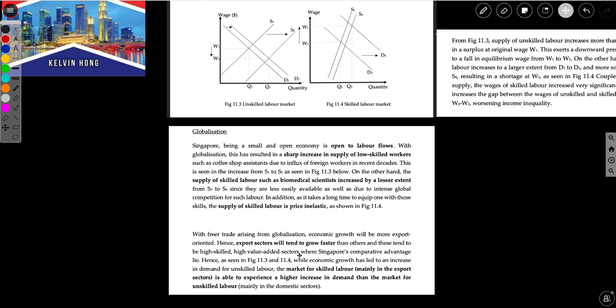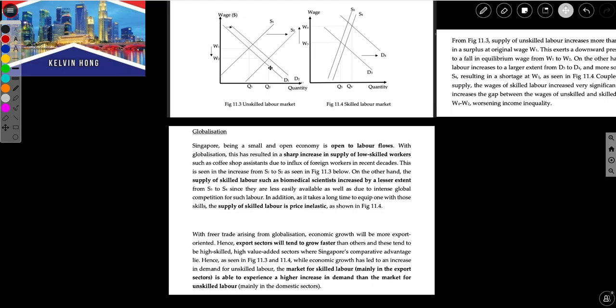So this demand for the university grads, like maybe programmers, like maybe wealth managers, and so on and so forth, is actually a derived demand from the demand for our exports, which is pretty global, pretty international. Whereas if you're talking about demand for handyman services, for example, it is a local demand. It's not a global, international demand.